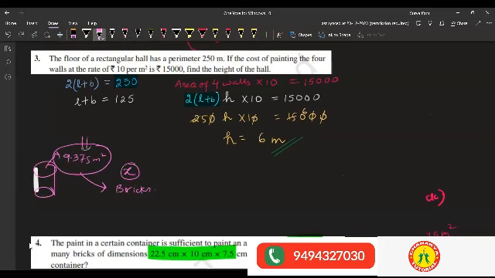So this total area of the paint, how much it can do, is equal to what? Total area of the bricks, correct?